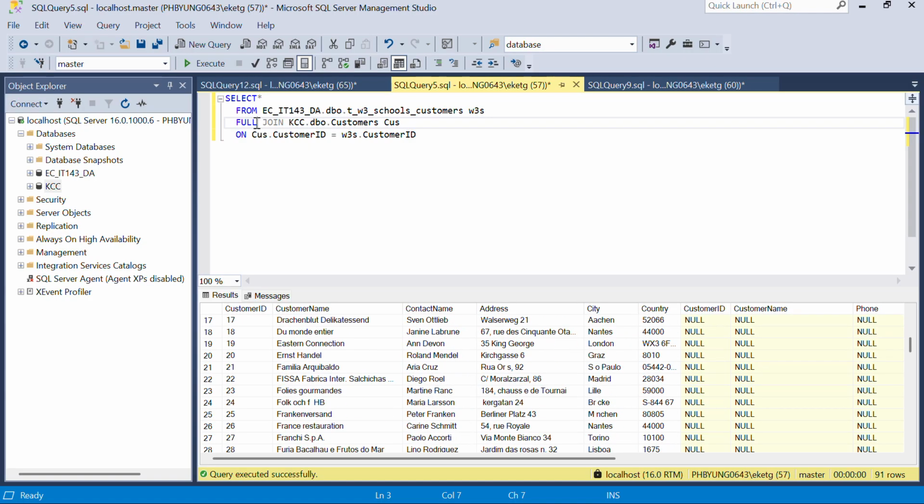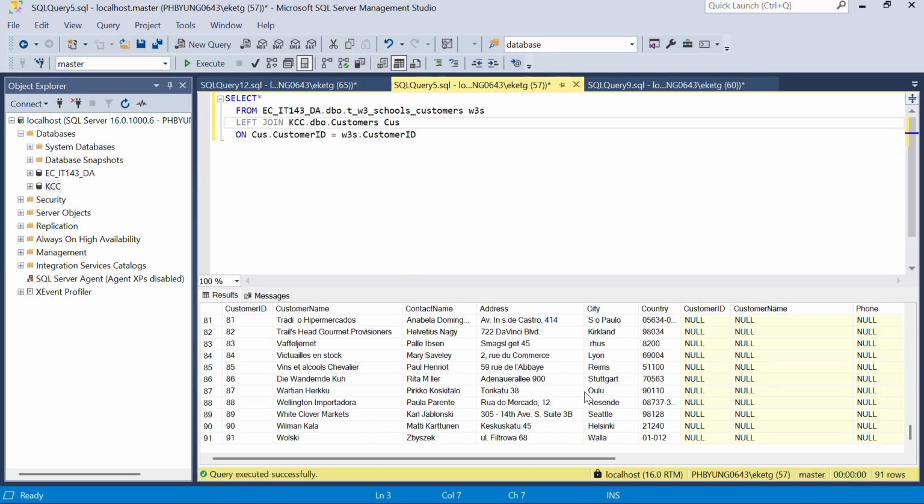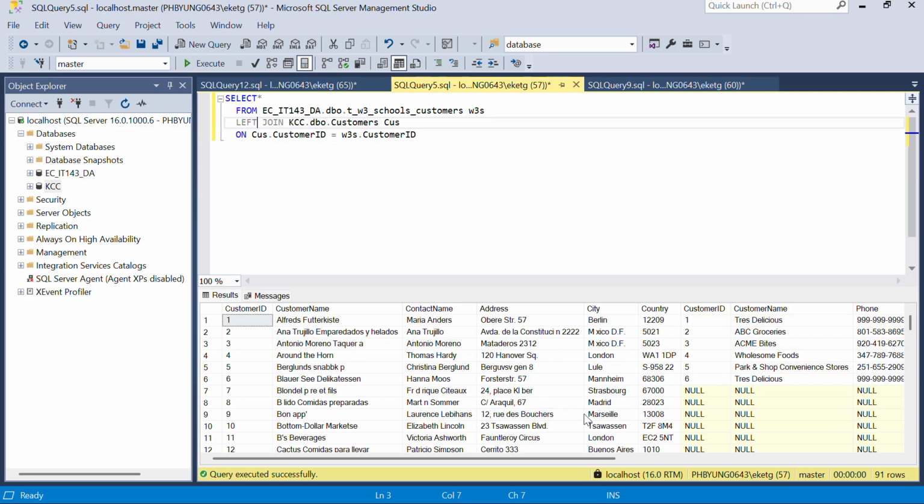So this is a full join, which indicates both tables, all the data that are in the tables. Now, let me use left join. If I run that, it's showing all the data in the first table, which is the left table, and what is also the same in the intersect, or let's say the inner join, the intersection between the two tables, also indicates here.